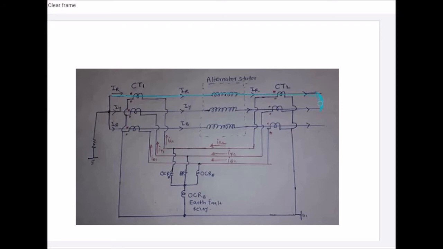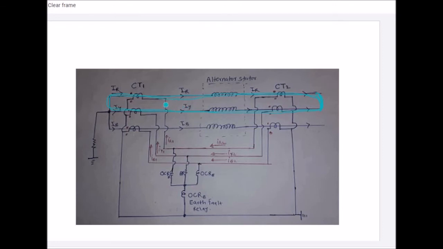It will circulate from R phase to Y phase. This is the fault current for an external phase-to-phase fault. For this, the same fault current flows in the CT1 set and CT2 set.